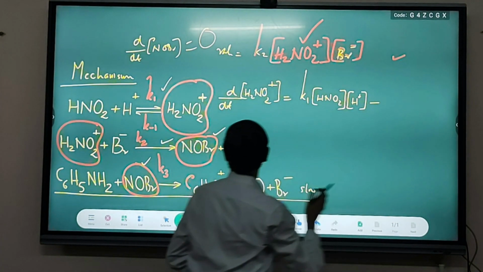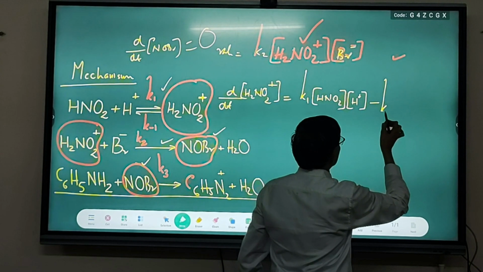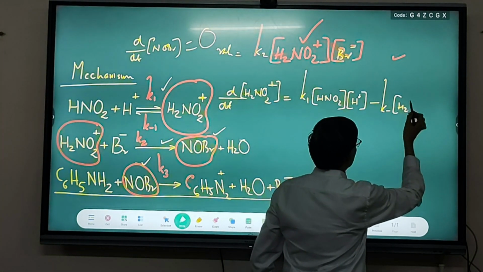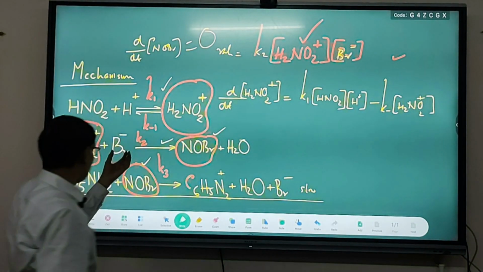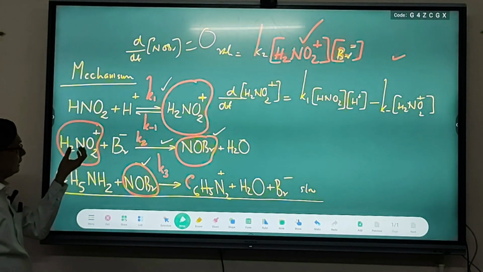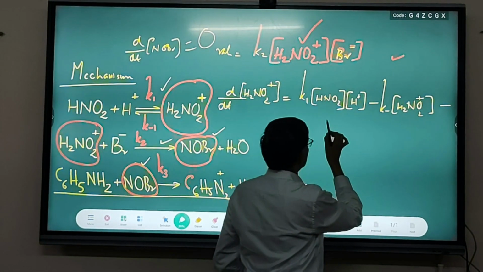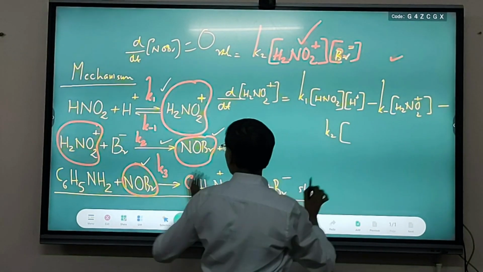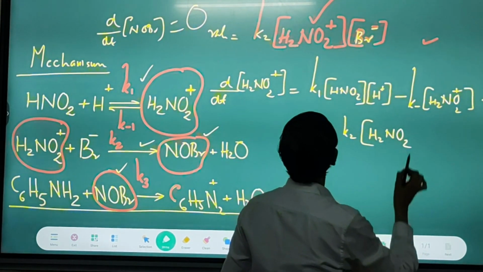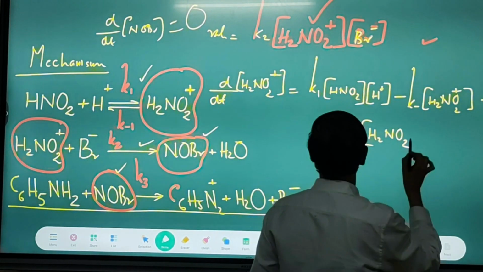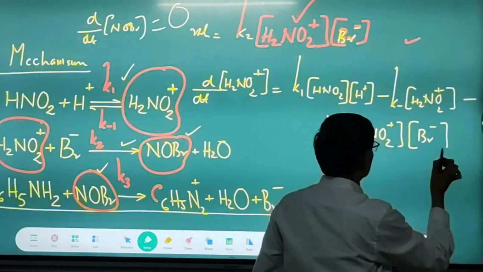In the reverse case, it is consumed. So K inverse 1 H2NO2+. And again in the third step, or second step, it is again consumed, so it must be minus K2 H2NO2+ Br-.